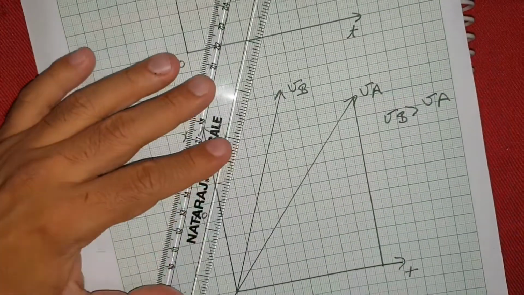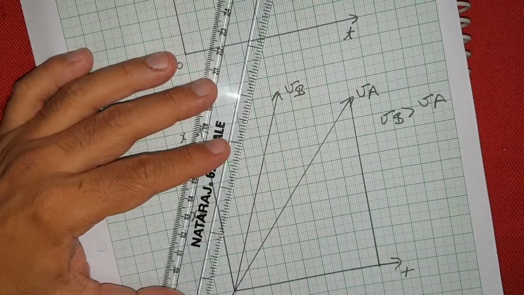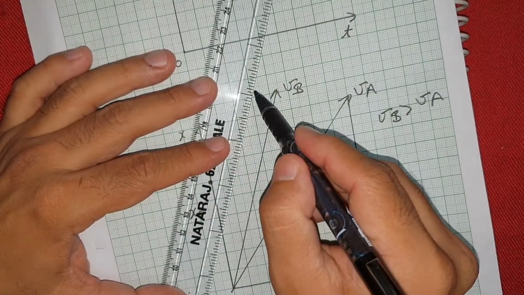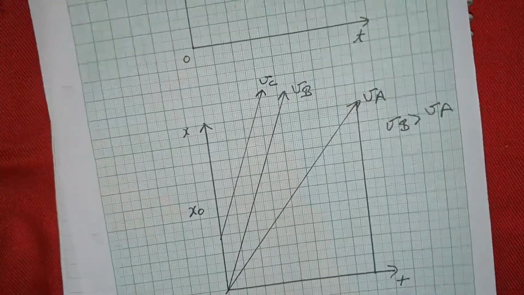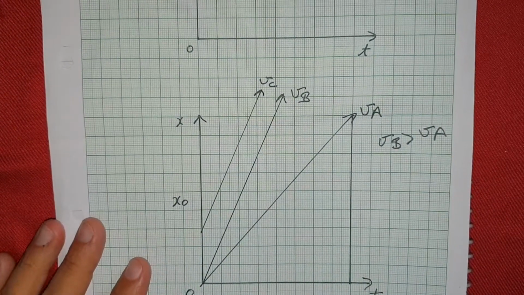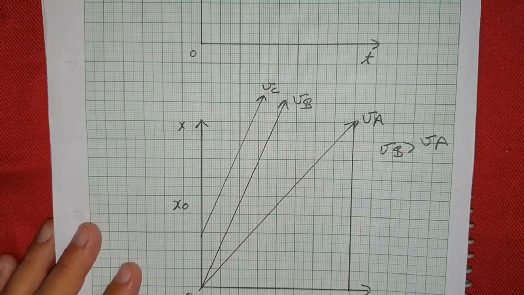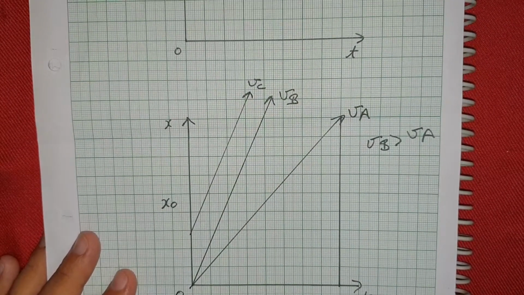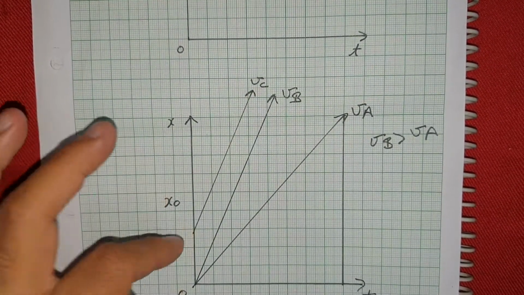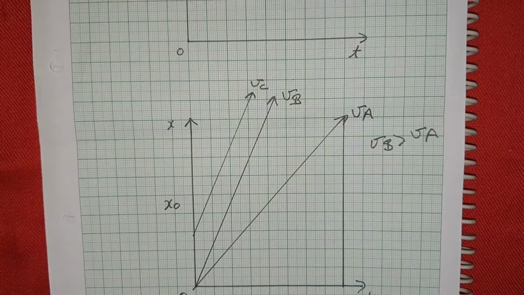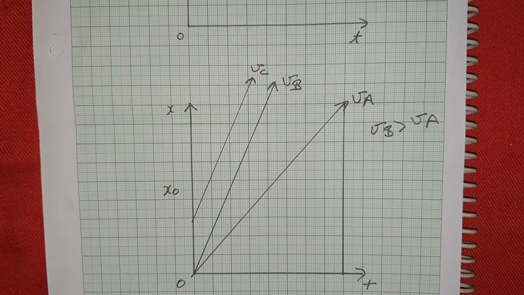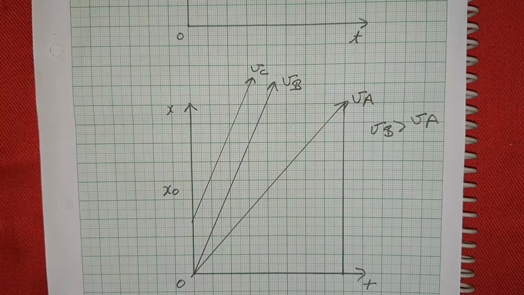Now consider one more thing. Consider this as velocity C. Now as we can see, object C is starting with some initial velocity at time t equal to 0. Time t equal to 0 means when we start observing, not that the initial velocity is 0.